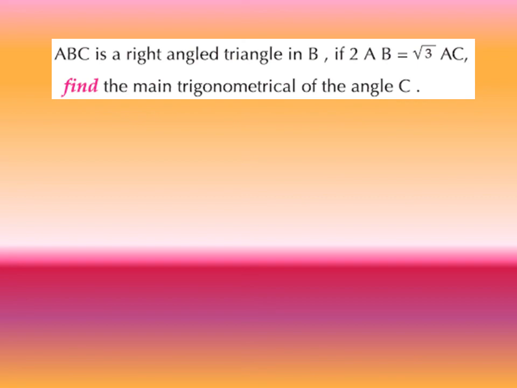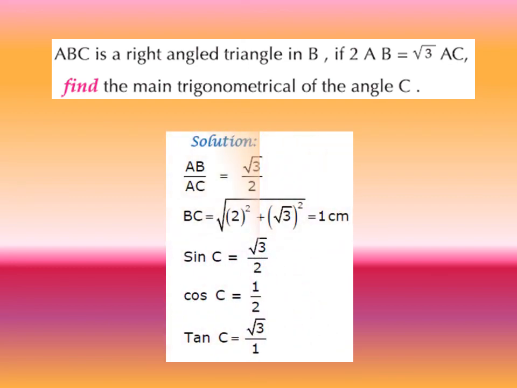Example: ABC is a right-angled triangle at B. If 2AB equals square root 3 AC, find the main trigonometrical ratios of the angle C. That means sine C and cosine C and tan C. Solution: the ratio between AB and AC equals root 3 over 2, because the product of extremes equals the product of the means.